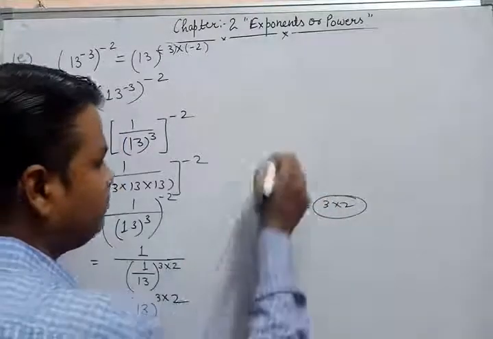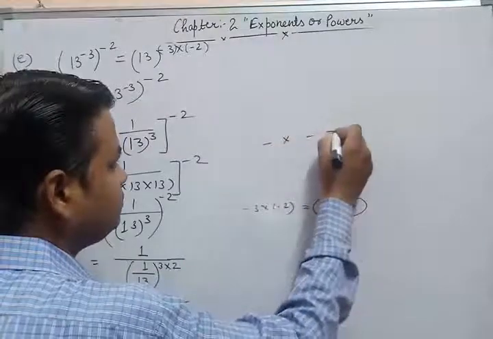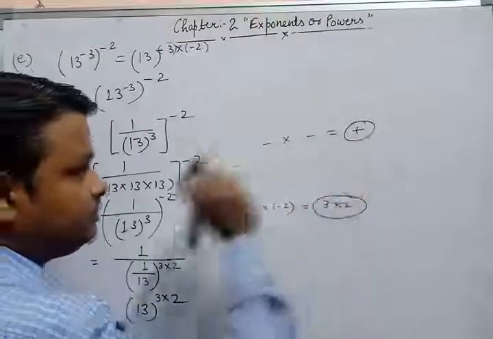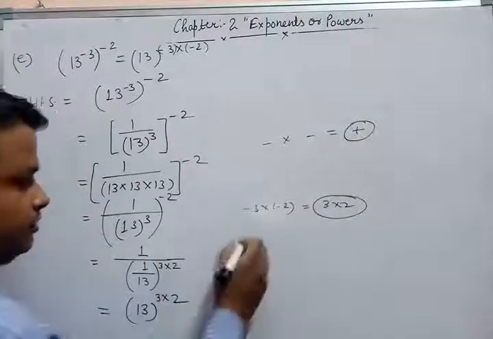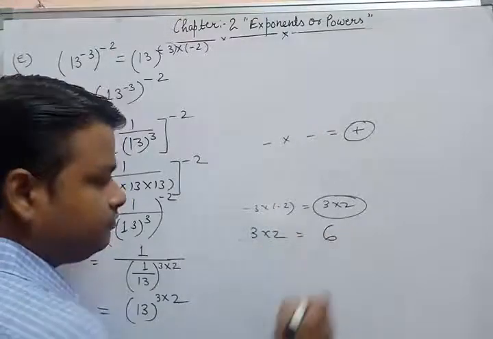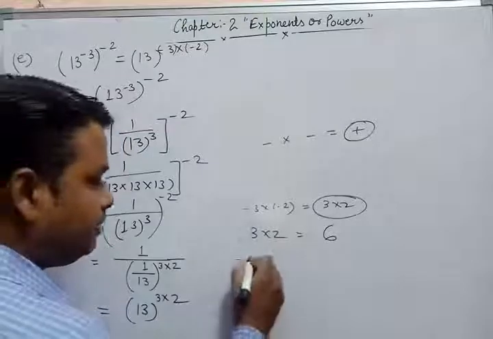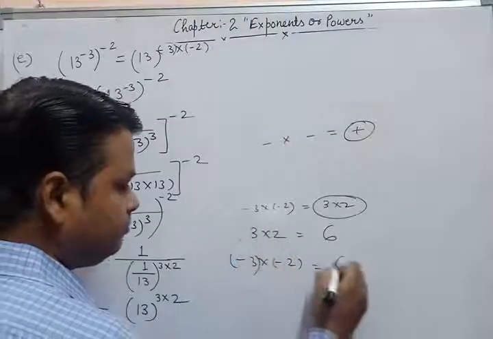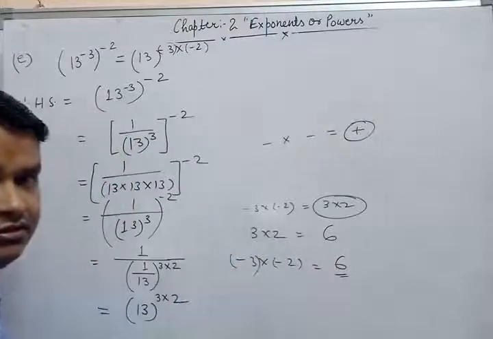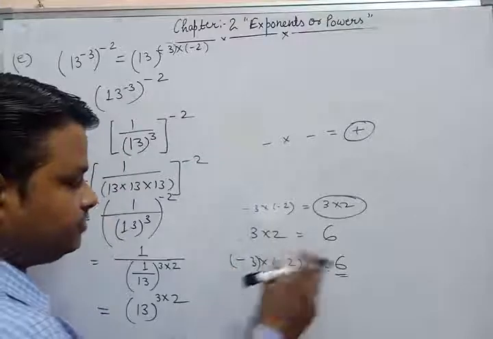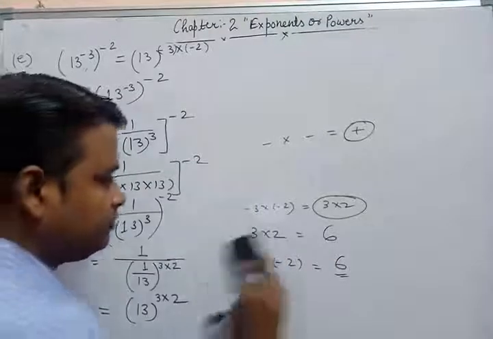Because listen carefully, minus into minus can be written as plus. What is the value of 3 into 2? It is equal to 6. Then the value of minus 3 into minus 2 is also 6, because 3 into 2 is equal to 6 and minus into minus is equal to plus.